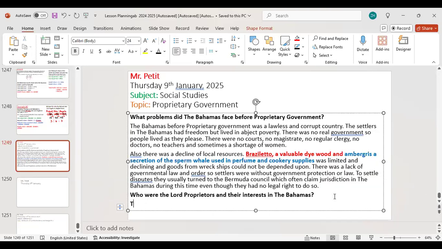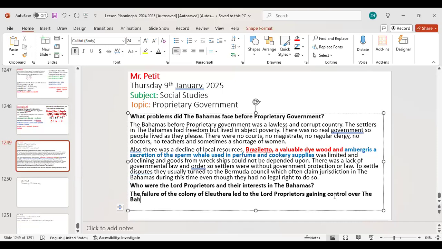The failure of the colony of Eleuthera led to the Lord Proprietors gaining control over the Bahamas in 1670.